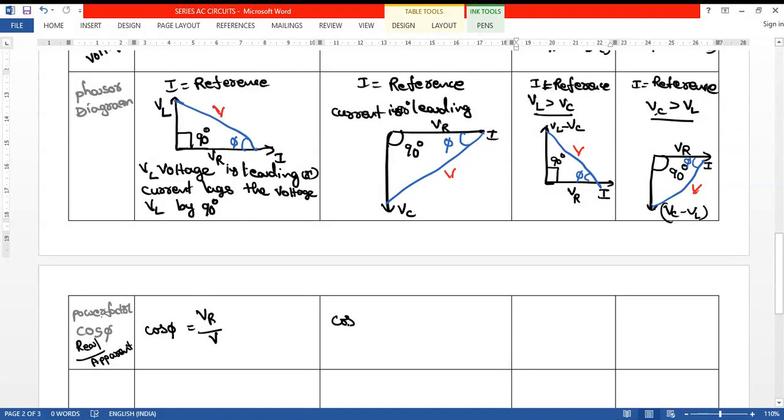In series RC circuits, cos phi is also VR by V, but it has leading power factor.